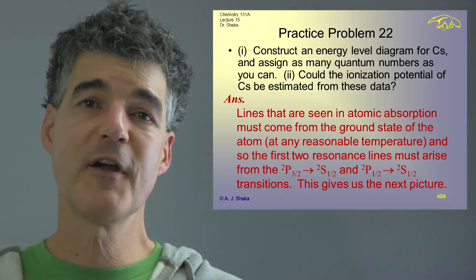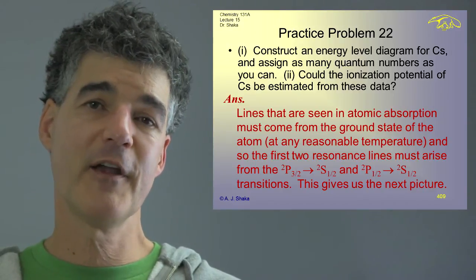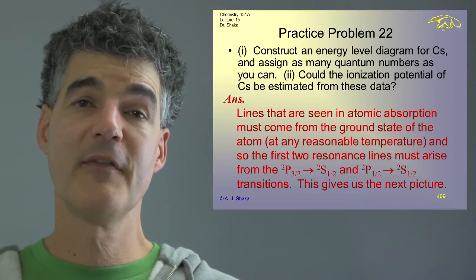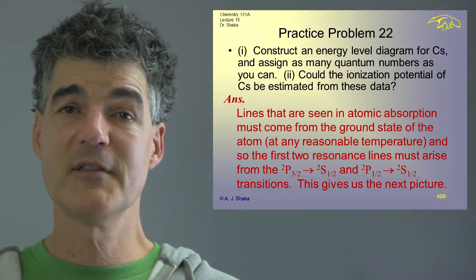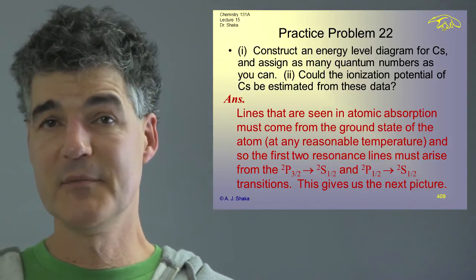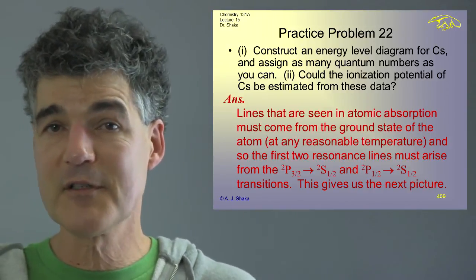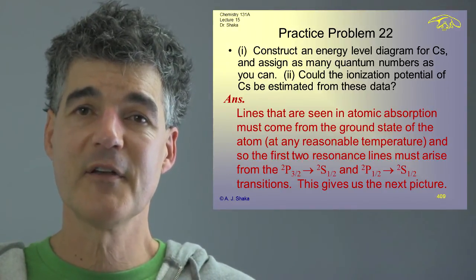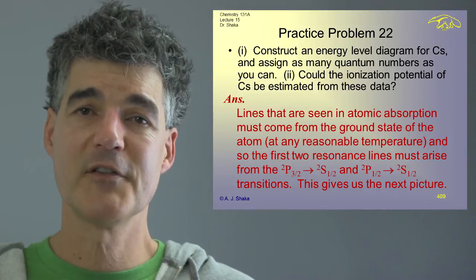But we've got all these various lines, and we've got to figure out what's going on. So we know that the ground state is 6s1, that electron. Cesium's on the 6th row, in the first column. That's basically what the periodic table is telling us about the electron configuration.